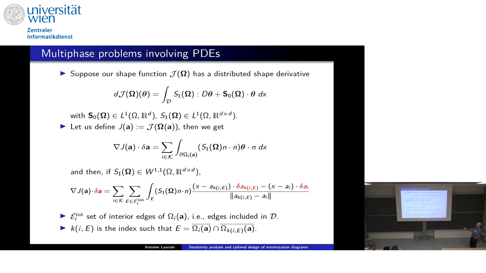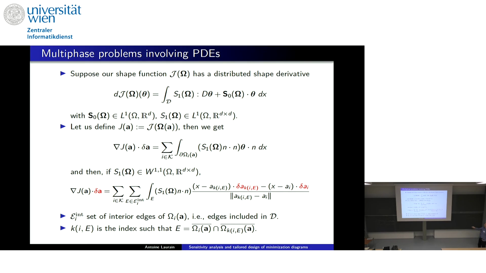For each cell, you have a sum over the interfaces. And this is the usual term in the shape derivative. And this is like your theta times n, okay? So in the end, it's a gradient, so it's a finite dimensional object. And each gradient component is a sum of some integrals that you have to compute on the interfaces, okay?